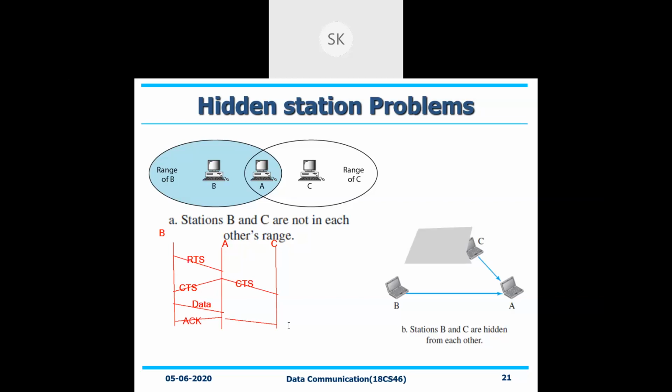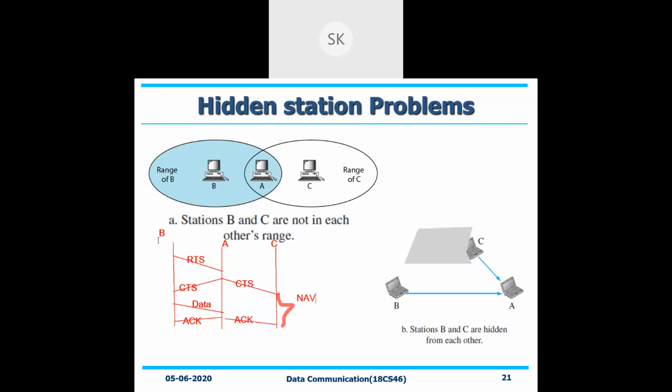Similarly, here also ACK will be transmitted. This whole period is nothing but the NAV. So this is how we can solve your hidden station problem.